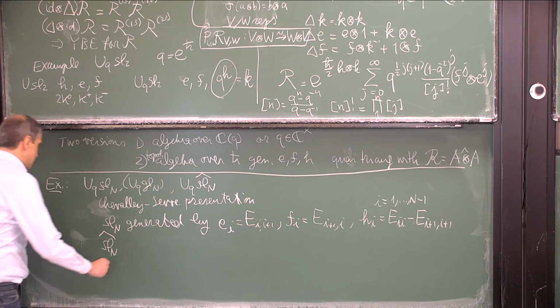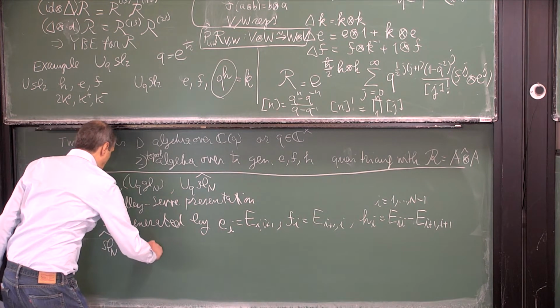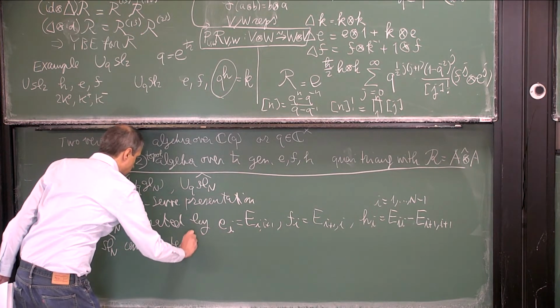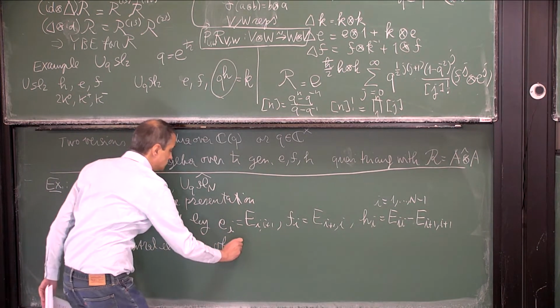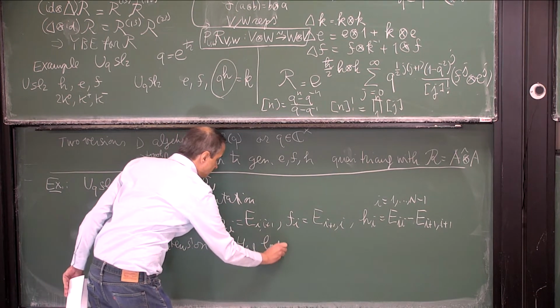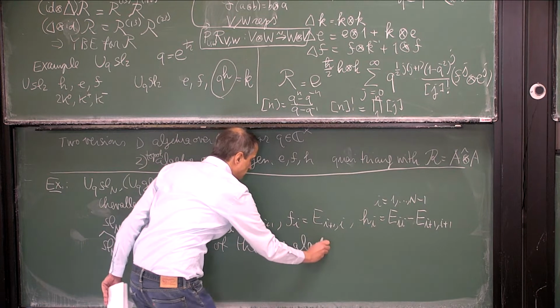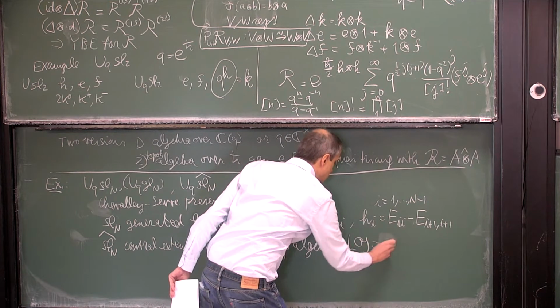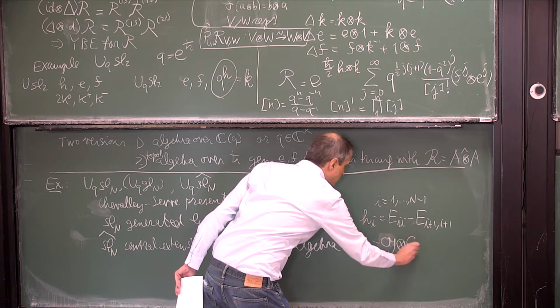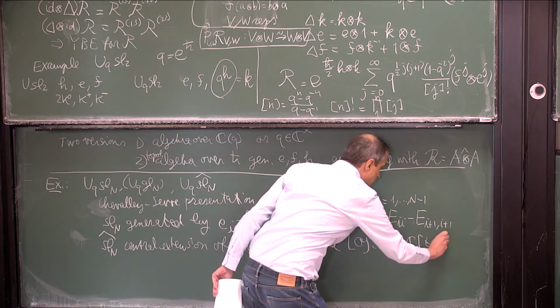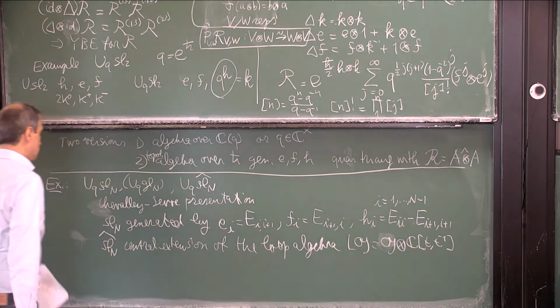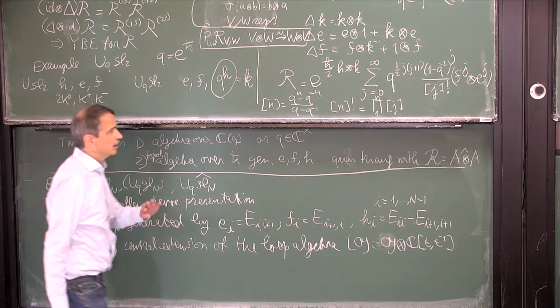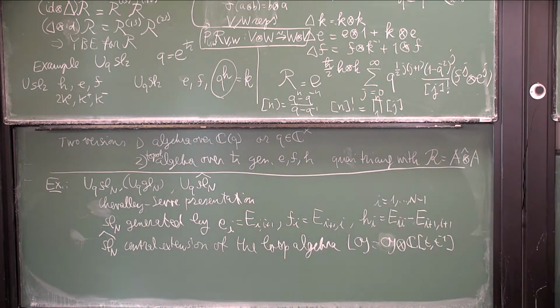So SL_N hat is a central extension of the loop algebra, which is LG equal to G tensor C[t, t inverse]. Matthias wrote the relations, so I will not. The central extension, so we see them again.